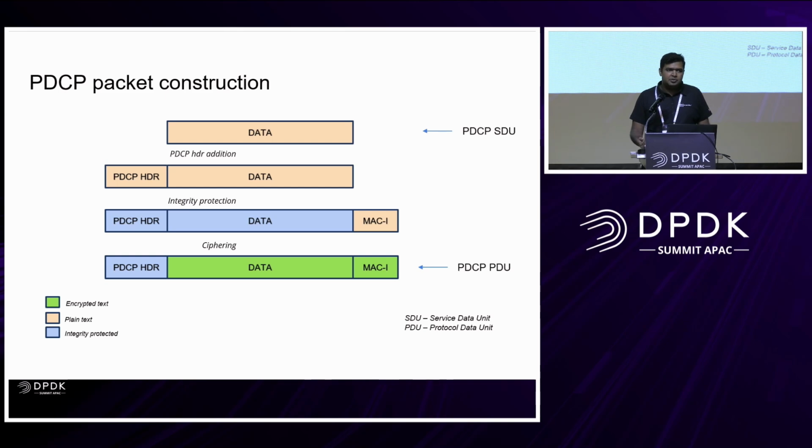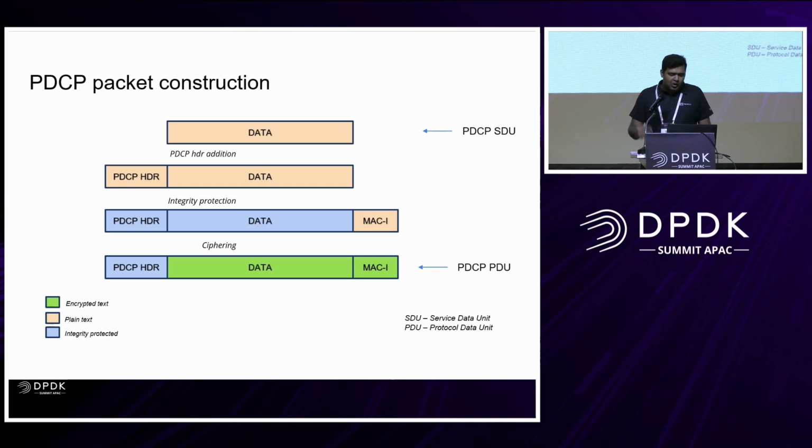Basically, you generate the digest and put it at the end. The digest is 4 bytes, and in PDCP terminology it's MAC-I. It's used to make sure that the packets going on the wire don't get corrupted on the way, and the upper layers don't operate on an invalid packet.